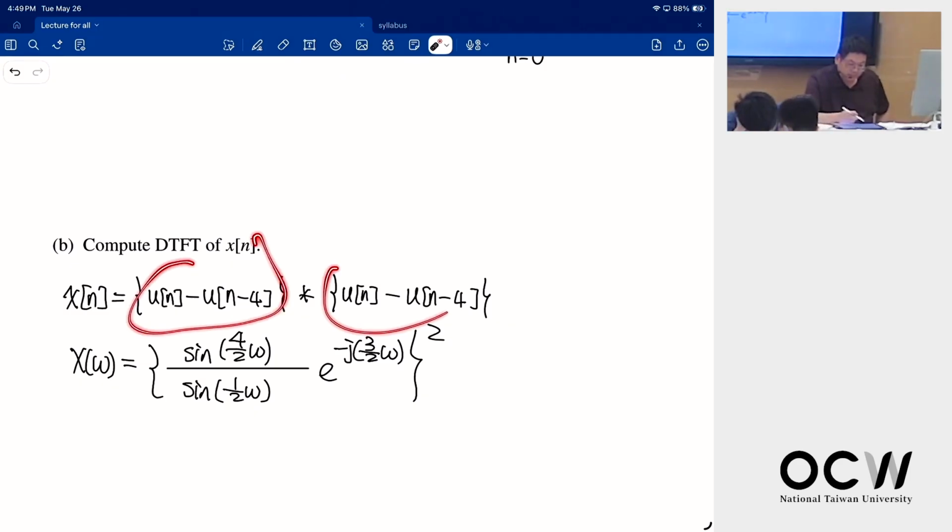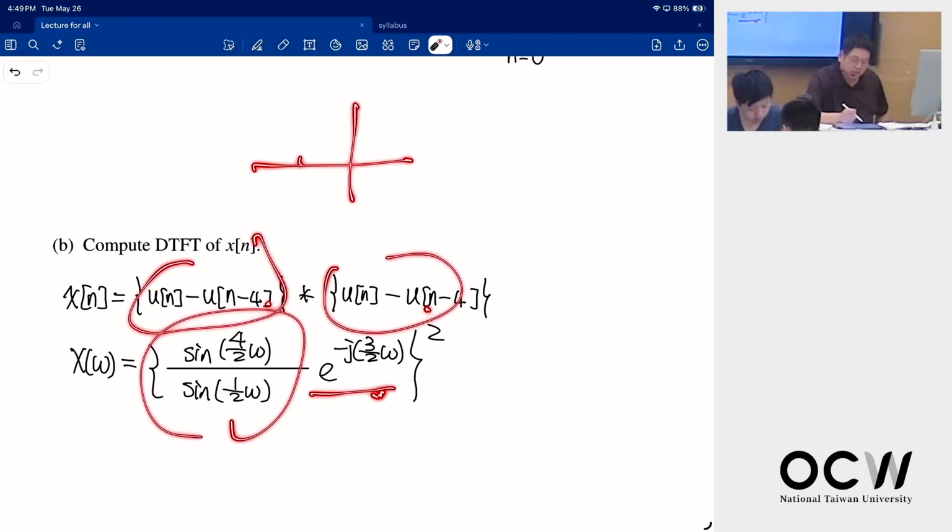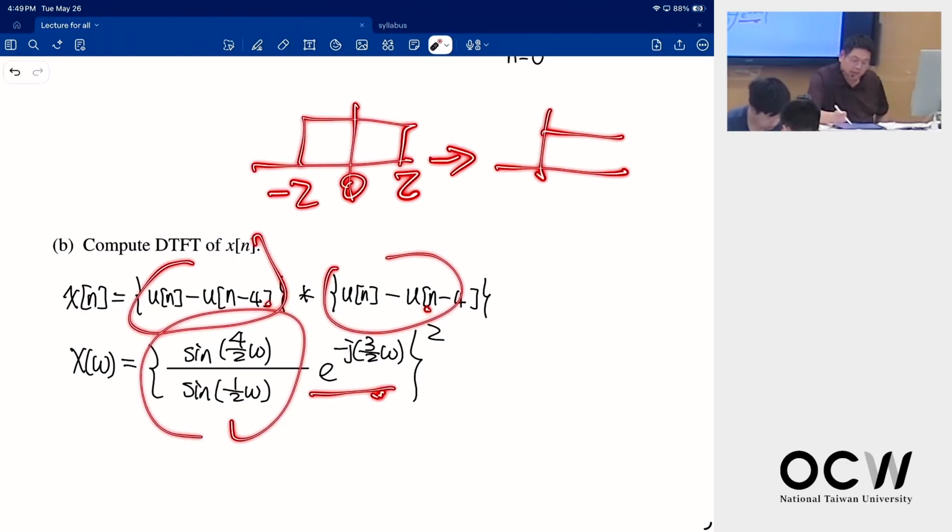This times this, they are the same. And why do we have this? Because I shift. Remember that this one should be from -2 to 2, and I shift it to 0 to 4.